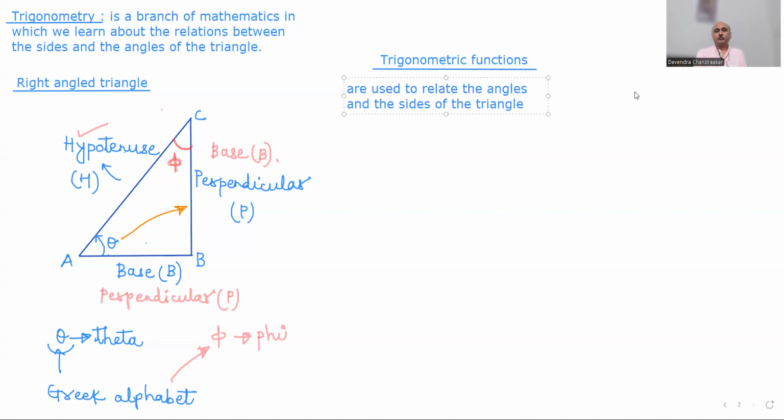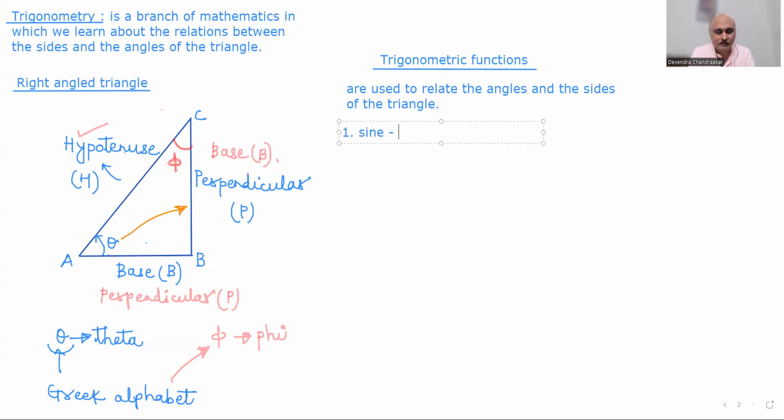Trigonometric functions are used to relate the angles and the sides of the triangle. Now, how? So, how many trigonometric functions are there? There are 6 basic trigonometric functions which we will learn today. Out of them, the last 3 are the inverse of the first 3.